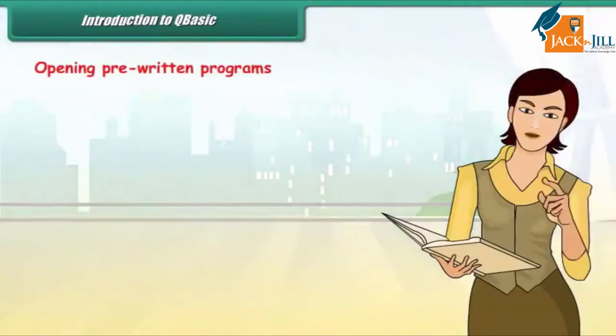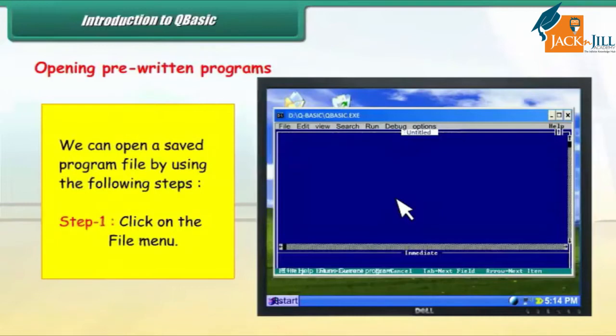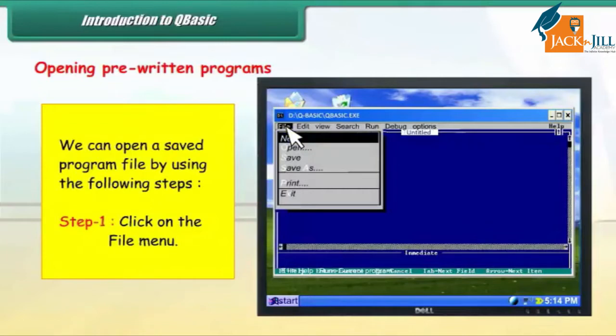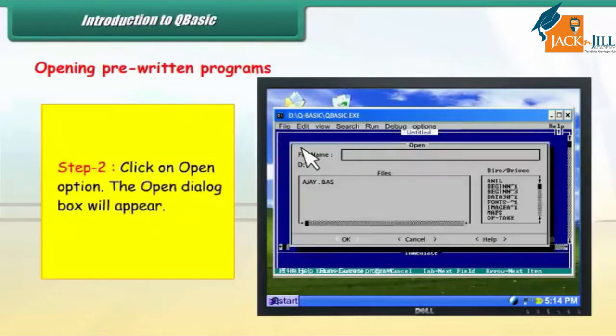Opening pre-written programs. We can open a saved program file by using the following steps. Step 1. Click on the File menu. Step 2. Click on Open option. The Open dialog box will appear.